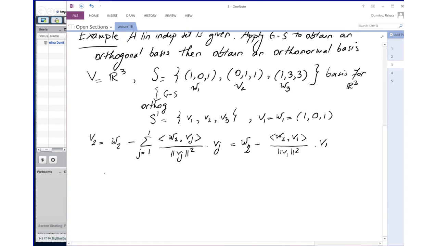Okay, so let's see what this is. W2 is the vector (0, 1, 1). What is the inner product between W2 and V1? V1 is W1. The standard inner product on Fn is the sum of x_i times y_i conjugate. So W2 with V1 is just W2 with W1. So 1 times 0 plus 0 times 1 plus 1 times 1. So it's 1.